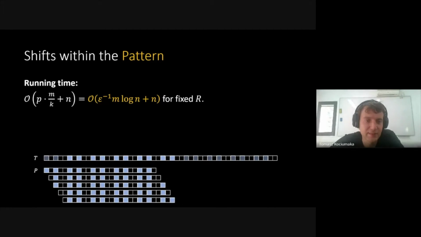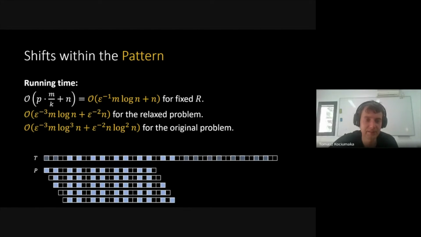But in the text, we managed to handle each particular offset in constant time now for a fixed r. That's because just one thing enters the sliding window and one thing leaves the sliding window, at most one. It's actually 1 over k in expectation, but we still need to compare the fingerprints, so the linear dependency on n still needs to be there.